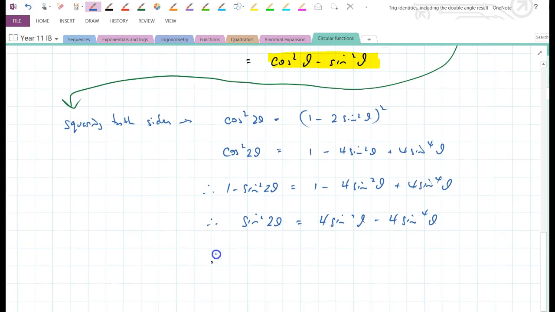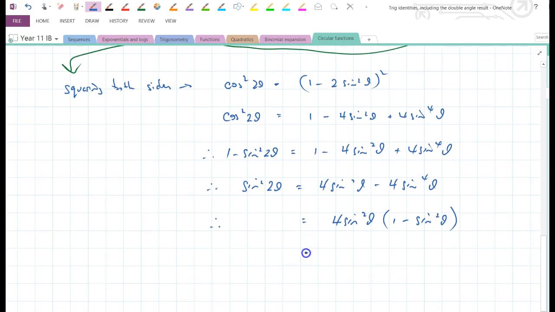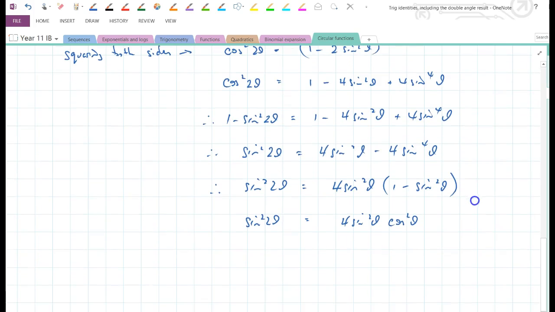Therefore, that's equal to, I can take out 4 sine squared theta, and in brackets I've got 1 minus sine squared theta, and that, as we all know, is cos squared theta. So now what I've got is sine squared 2 theta equal to 4 sine squared theta cos squared theta.